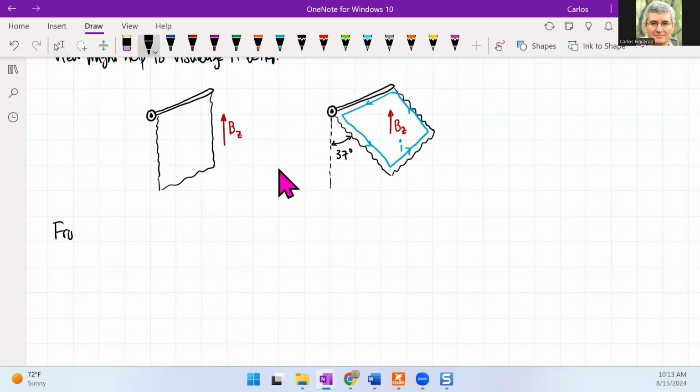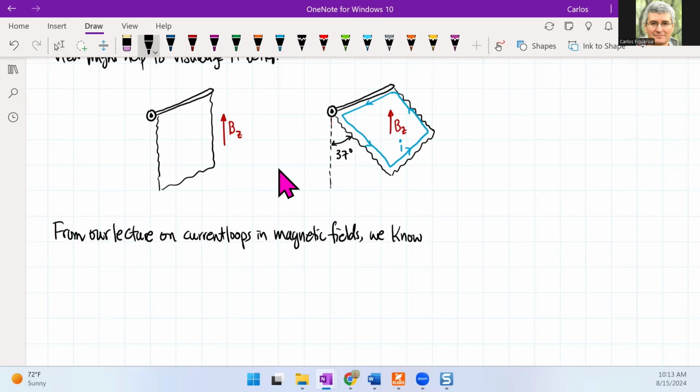So from our lecture on current loops in magnetic fields, we know that the net force for translational motion is going to be 0, which means that its center of mass is not going to move, while the net torque initially is not going to be 0, which initially causes angular acceleration.